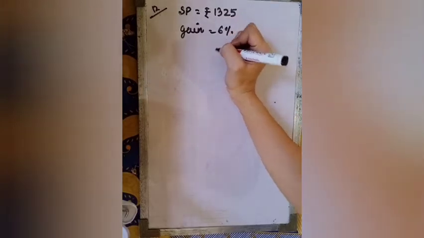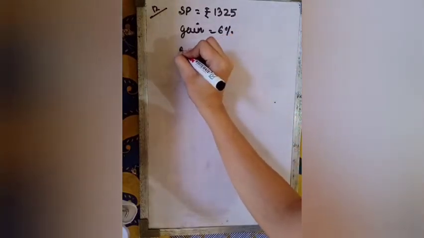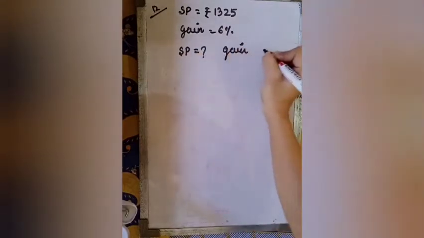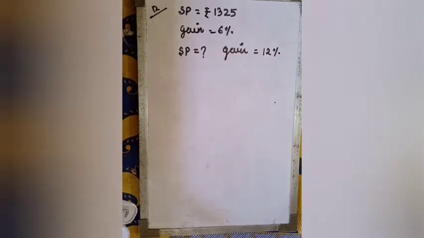For how much should it be sold so that its gain percent is 12? We again have to find the CP. So first of all, from this information we can find the CP. First we have to find the cost price.